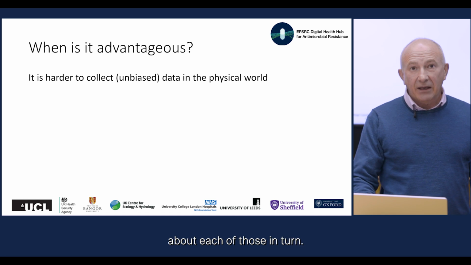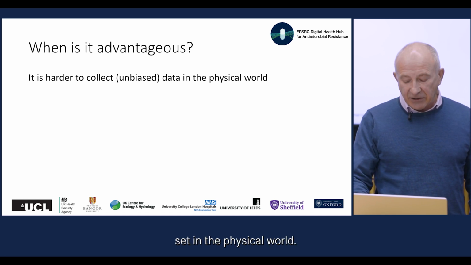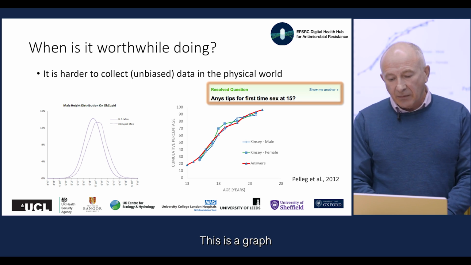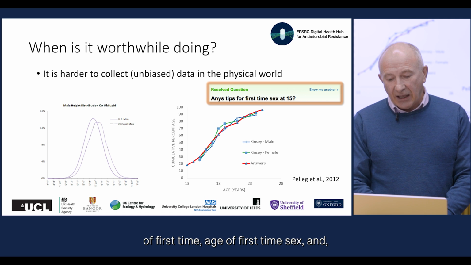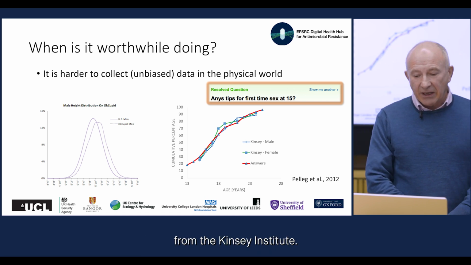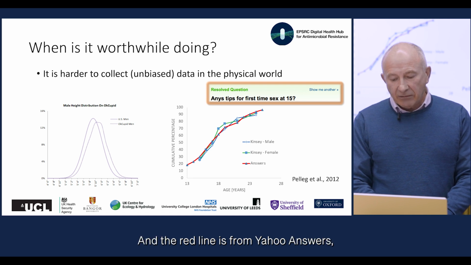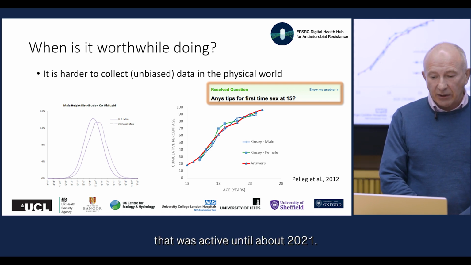So let me talk about each of those in turn. So when it's hard to collect a data set in the physical world, this is a graph of age of first-time sex. And the male and female graphs are done by a traditional survey from the Kinsey Institute. And the red line is from Yahoo Answers, which was a Q&A site that was active until about 2021.